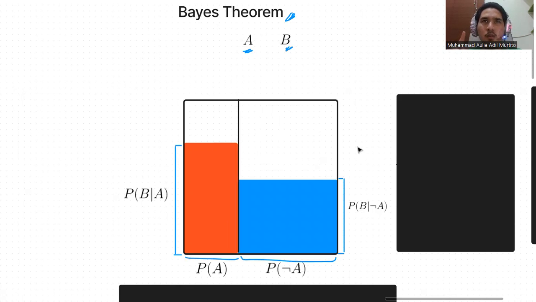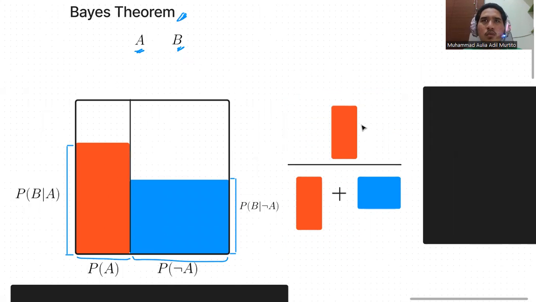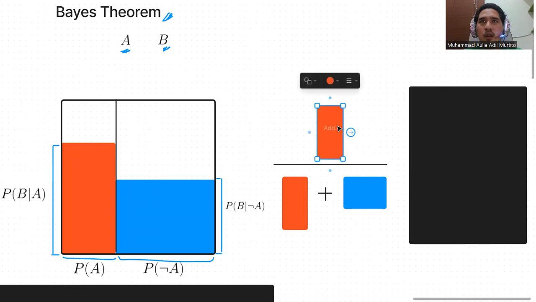Now, if we are talking about Bayes theorem, it is about calculating a probability. In order to calculate that probability, we use this intuitive formula, which means we divide the red rectangle by the red rectangle plus the blue rectangle.